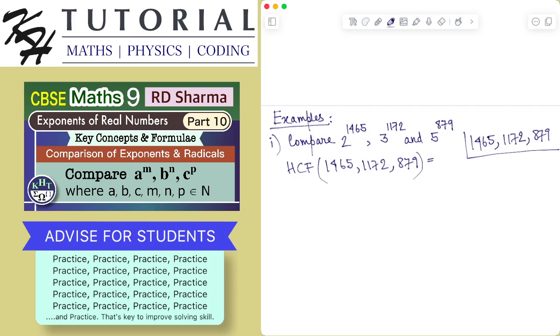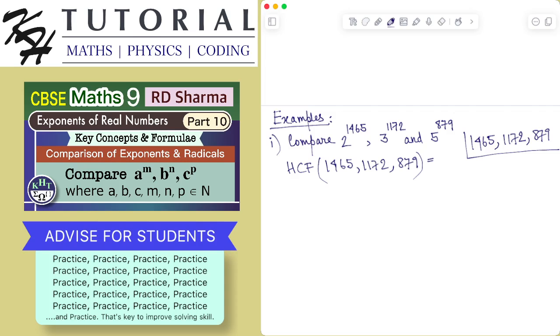No. Will you divide by 7? No. What will be the HCF?